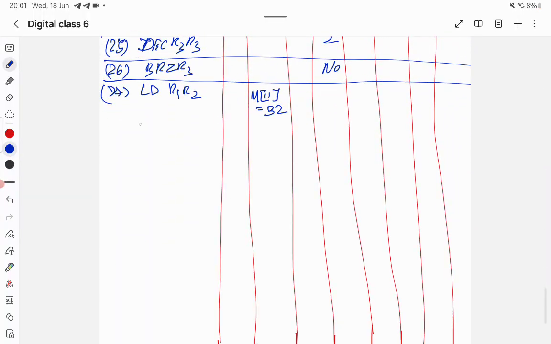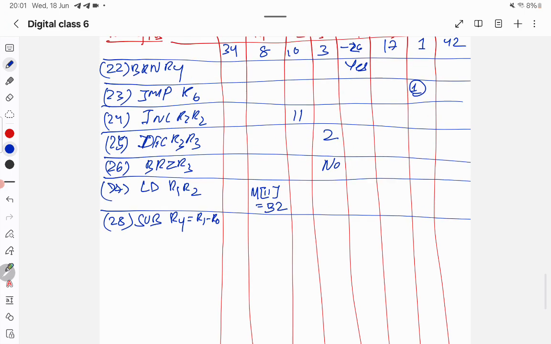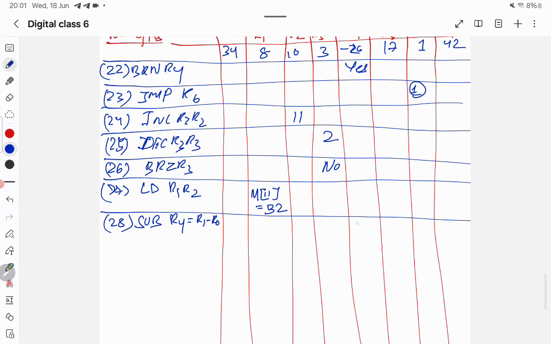Then after doing this, next instruction, after load, sub R4 equal to R1 minus R0. So where is R4? This one. R1 is 32, and minus, so it is minus 2. Be fast, catch faster.